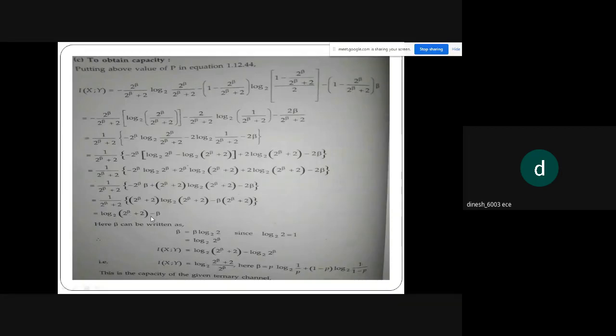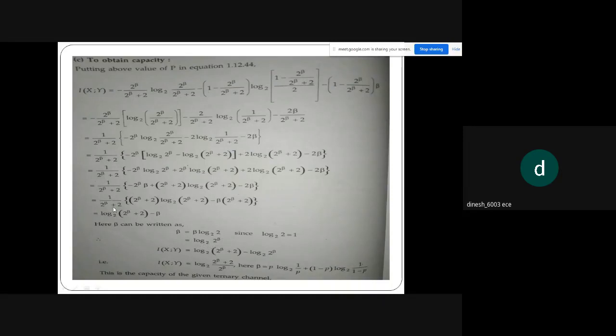So on simplification, beta is equal to beta times log to the base 2 of 2. Since log to the base 2 of 2 is equal to 1, we can write it as log to the base 2 of 2 power beta.